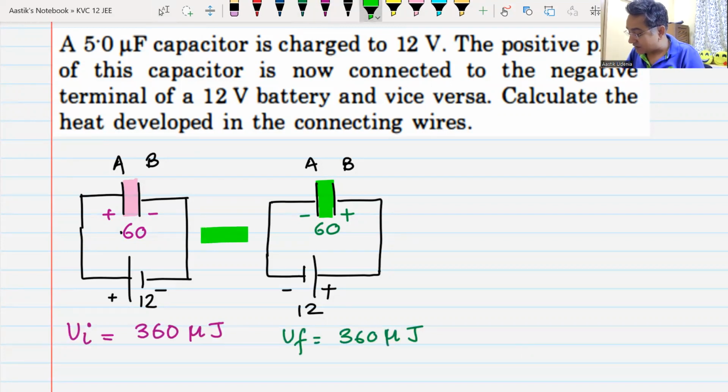From initial to final condition, some charge has flown. Can anyone tell how much charge has flown and in which direction?